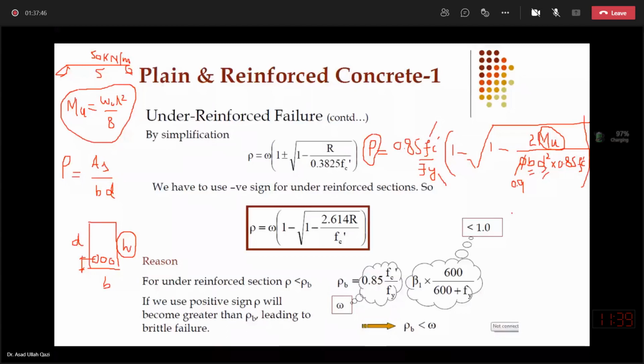But just at this stage, let's apply this equation on our example problem, where a beam of span 5 meter has the ultimate load 50 and it has the ultimate moment at midspan. How much? Can you tell me?